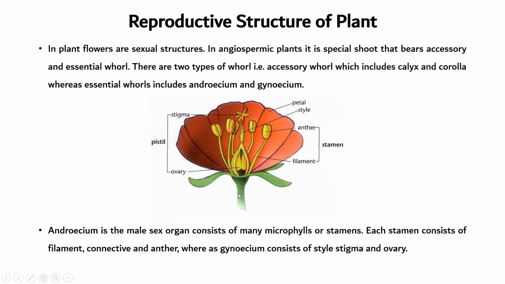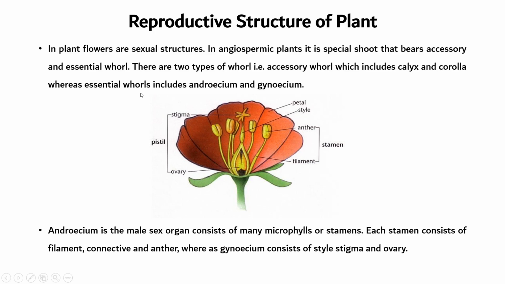Now see in this diagram, these green structures are nothing but the calyx. It is the outermost whorl, and the brightly colored structures are nothing but the corolla.